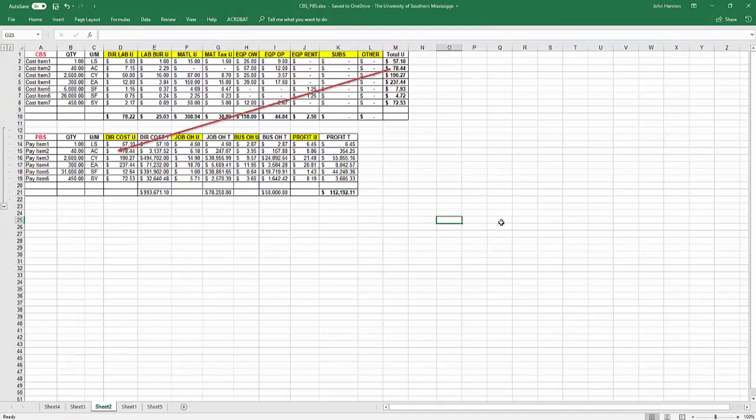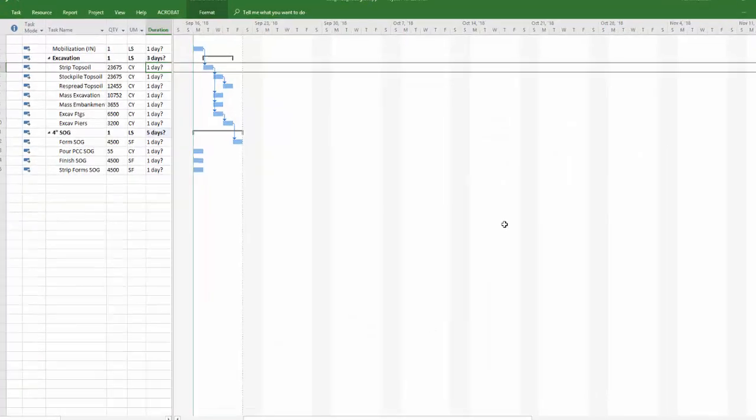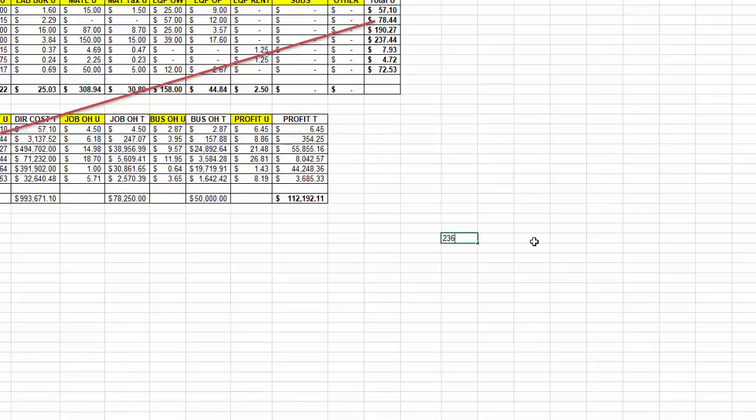So if I have 23,675, maybe I can do, just keep it simple, 1,000 yards per day. Okay. This is my quantity. This is my production rate. Quantity per day.